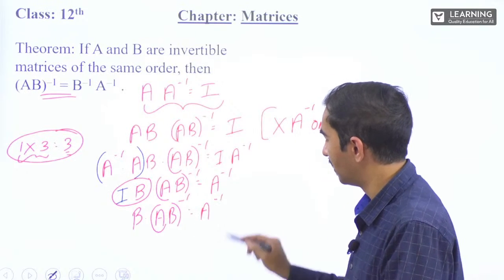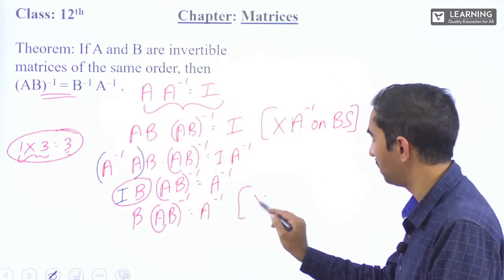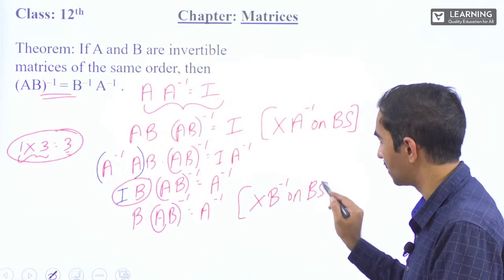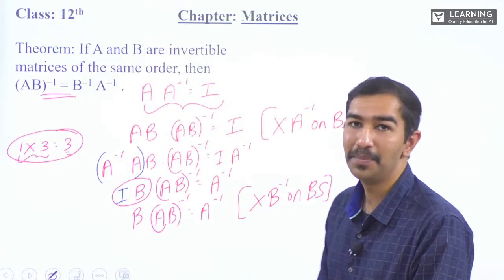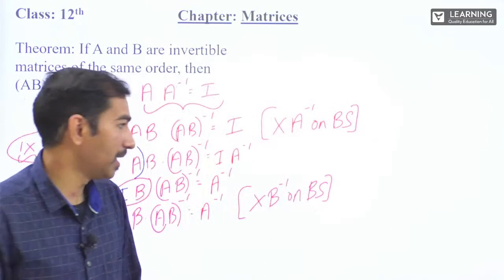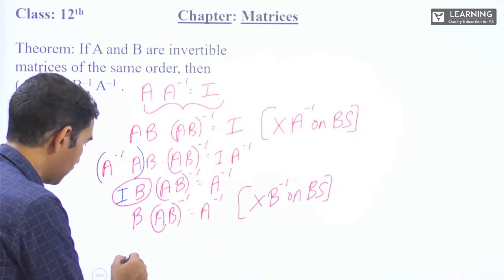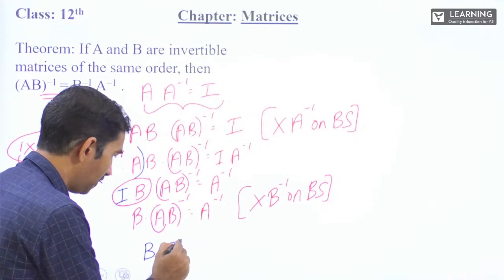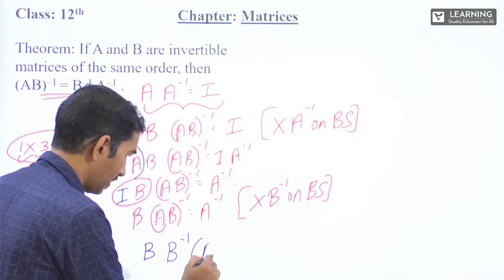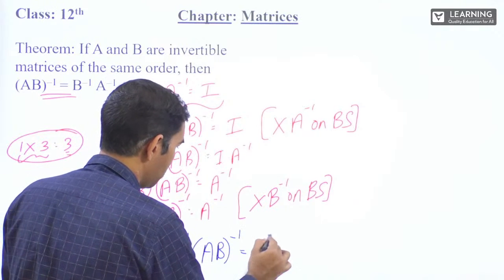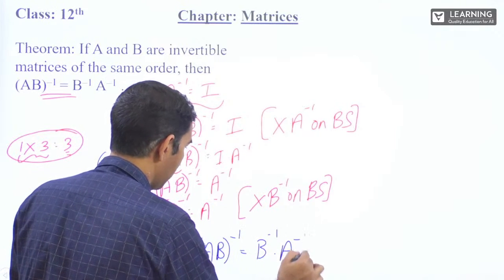So again here we'll multiply B inverse on both the sides. Once we multiply B inverse on both the sides, what will happen? So here we'll write B dot B inverse of AB the whole inverse is equal to B inverse into A inverse.